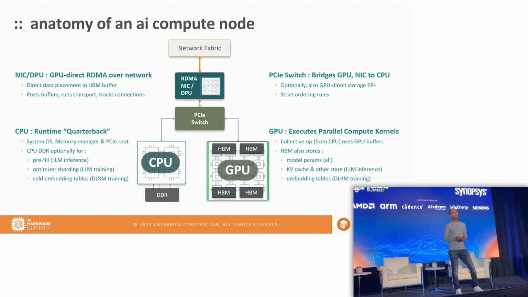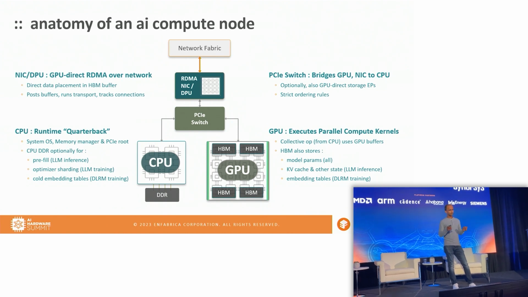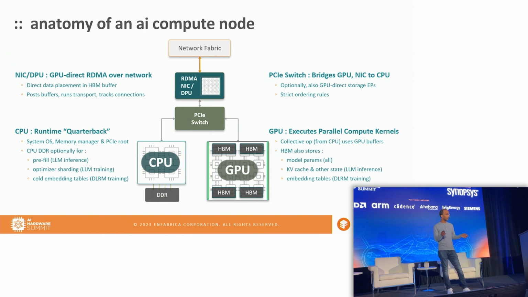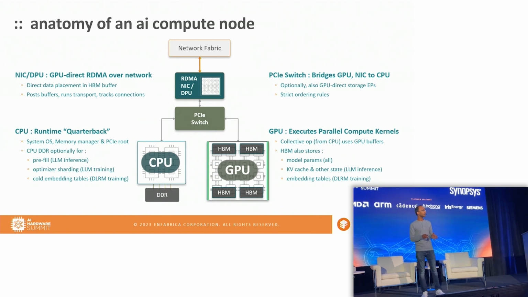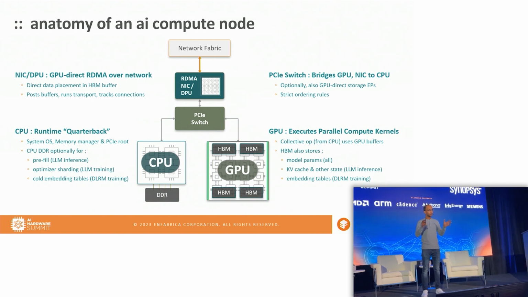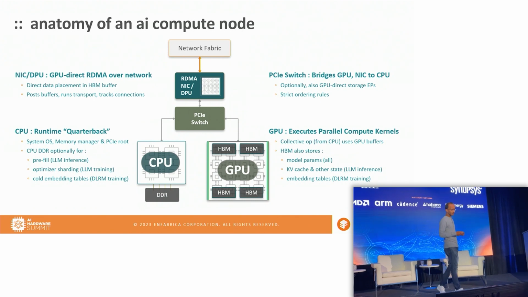The CPU is effectively the quarterback of the node. This is where the system operating system, the memory manager, and the root complex for PCIe, managing all the devices, really resides. Even though we talk about GPUs all the time, it's important to note that the CPU, whether it's integrated or separated, is the master coordinator of many different communications and processes here.